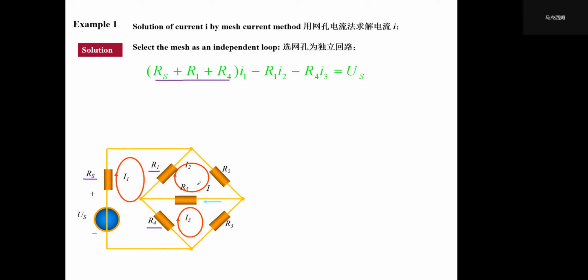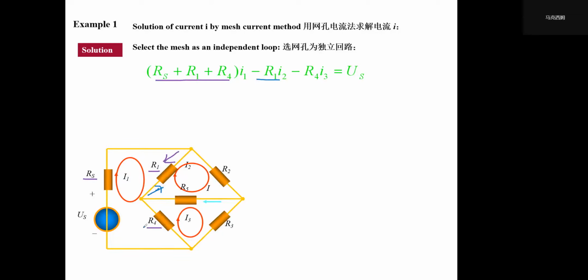And for the second loop, since I1 flows from this direction to this direction, and I2, the second loop current, goes from this direction to this direction, they are in opposite directions. So we give their common resistance R1 a negative sign.